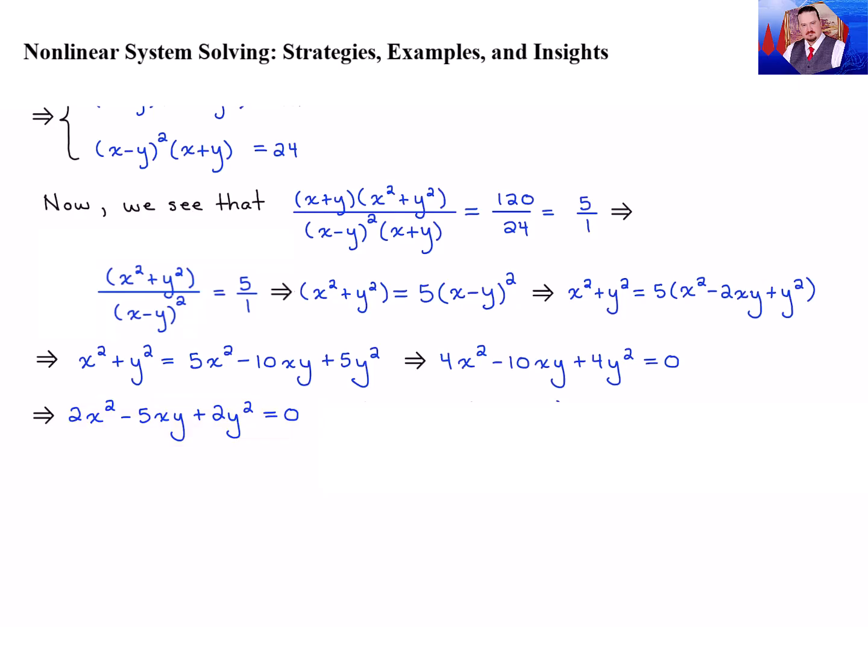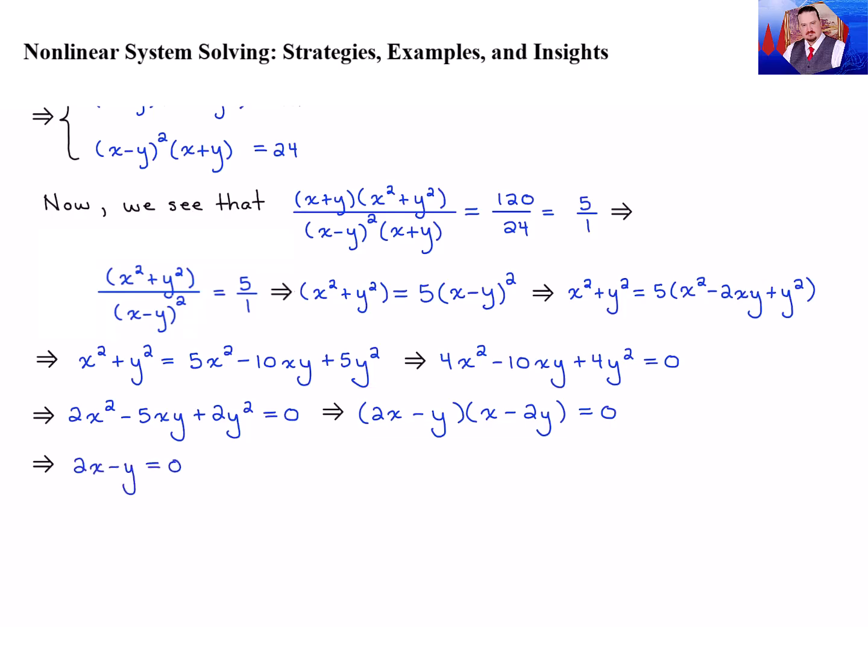It turns out this is quadratic in x or it's quadratic in y, either one, whichever suits your fancy. But it turns out this is factorable. This is reducible. So you can see I'm factoring it here, and we obtain that 2x squared minus 5xy plus 2y squared is, in fact, 2x minus y times x minus 2y. And of course that product is 0.